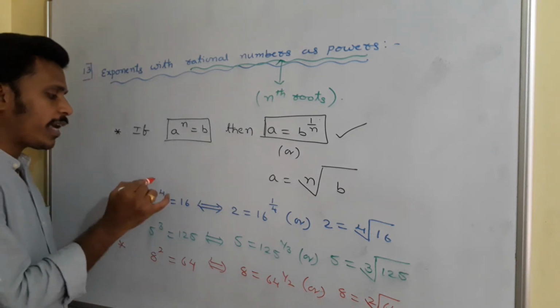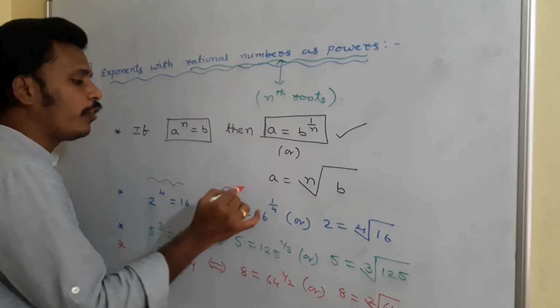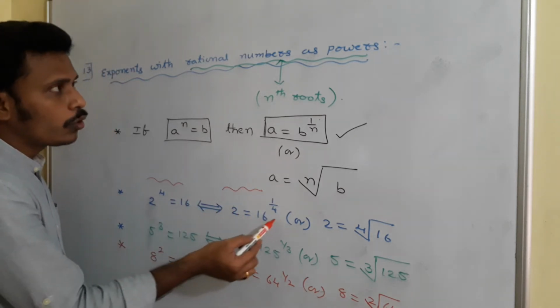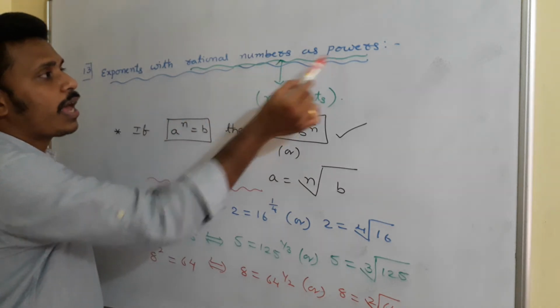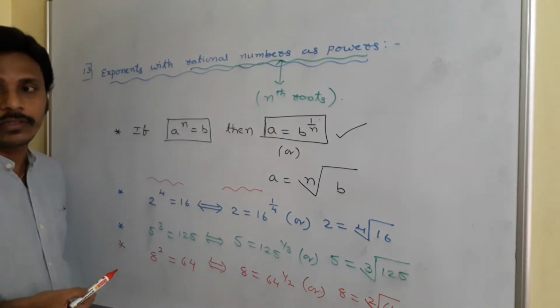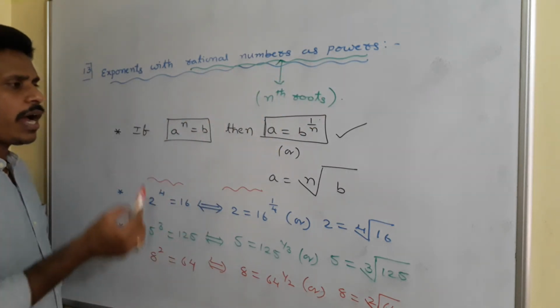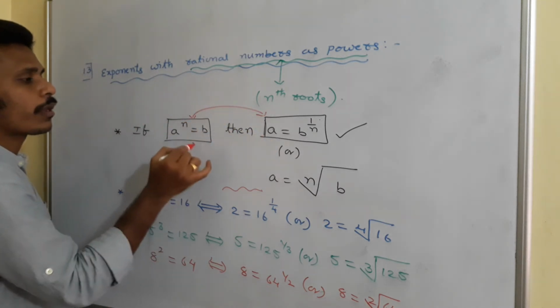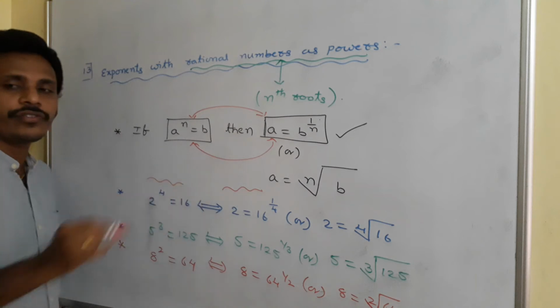This is actually the exponential form and this is the nth root notation, and these nth roots lead to the concept of exponents with rational numbers as powers. Just observe everything, and this conversion is the logic behind all this discussion.